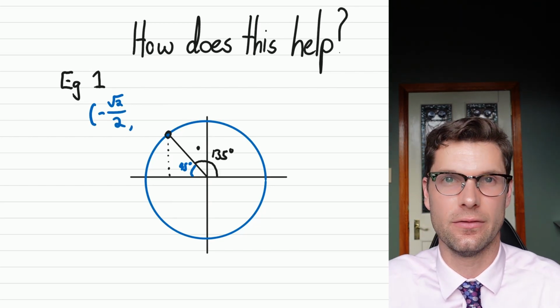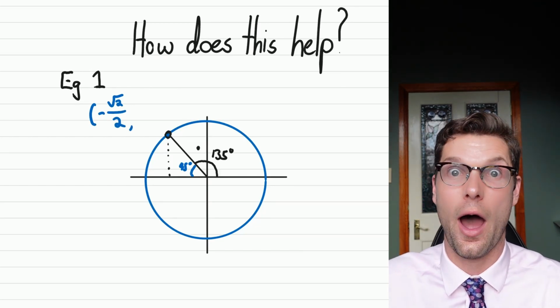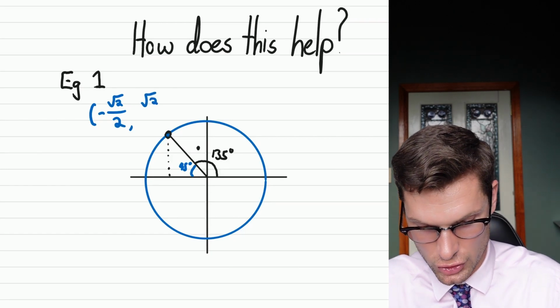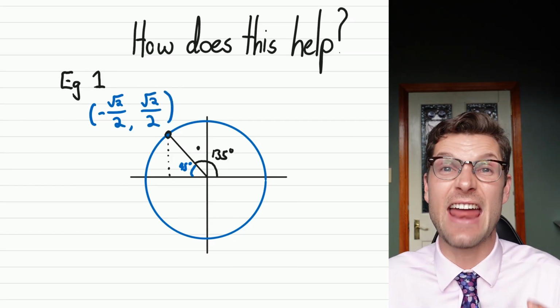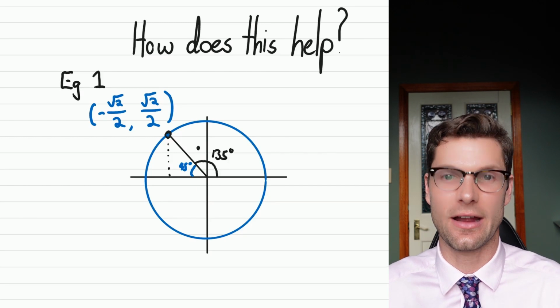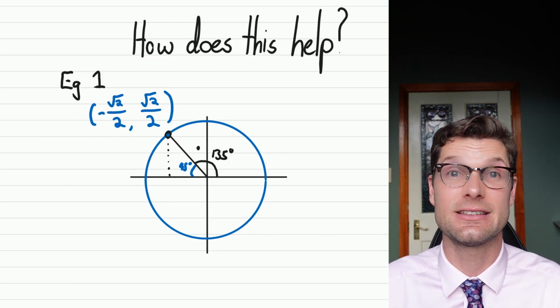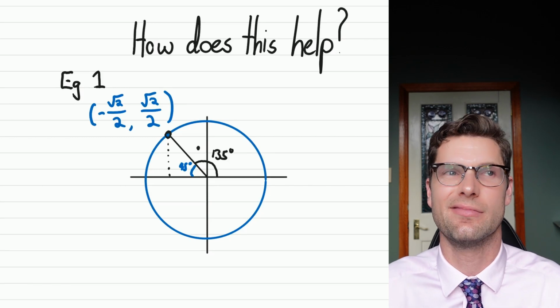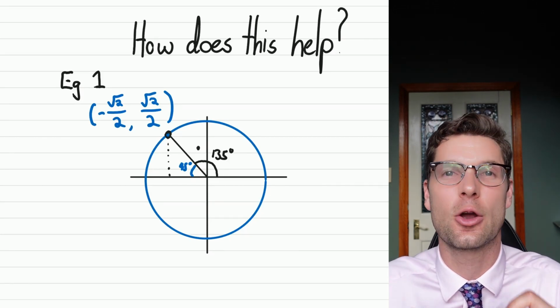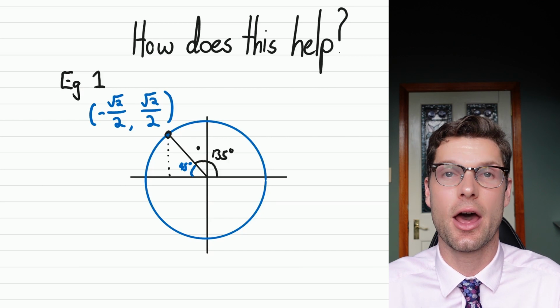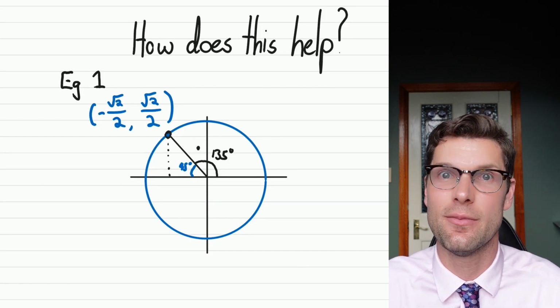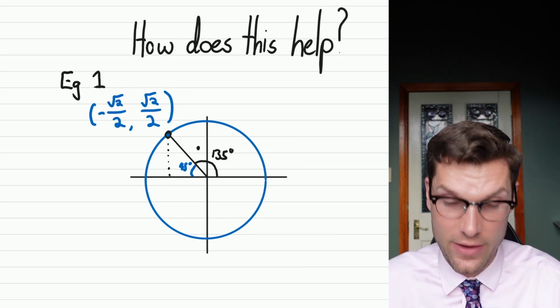And the positive sine coordinate, the y place, is equal to root 2 on 2. And you can actually check this in your calculator. If you type in cos 135, it will give you the answer negative root 2 on 2. It will give it in decimals, but it's equivalent. And if you put in sine 135, it'll give you the same number, but positive, which we've already worked out.